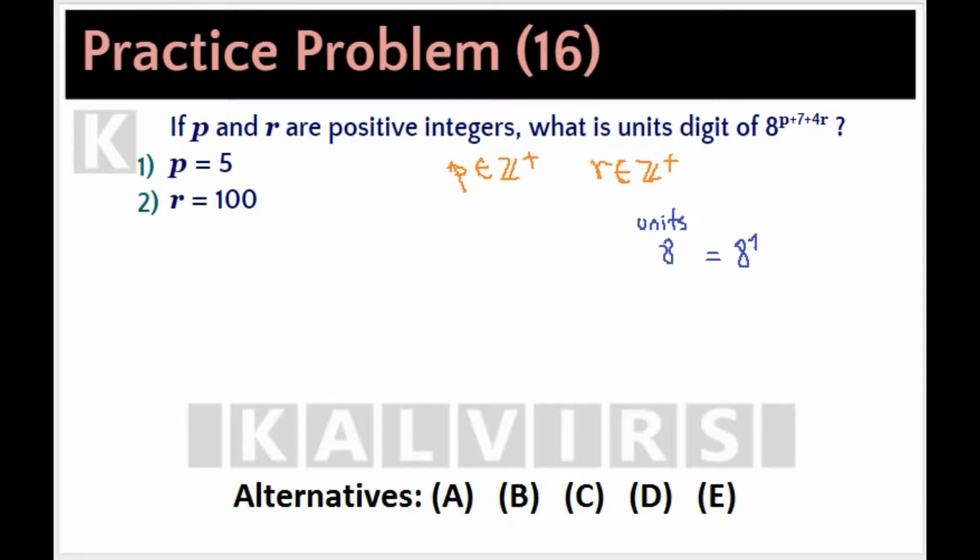Eight to the first power is 8. 8 squared is 64, but we're going to focus only on the unit digits.